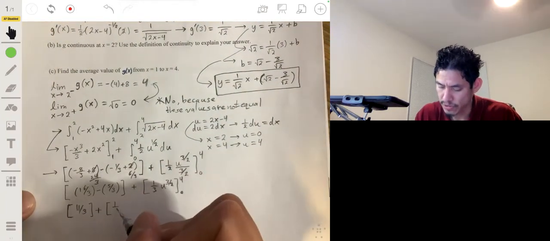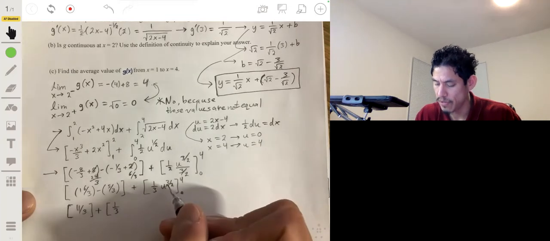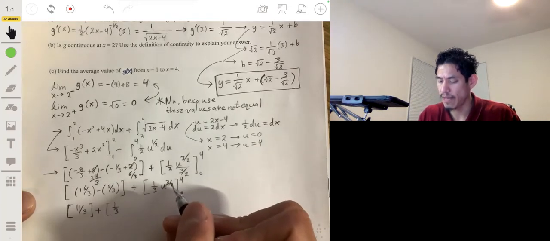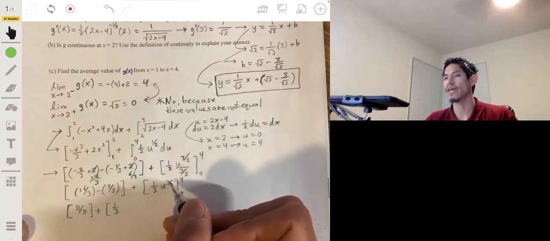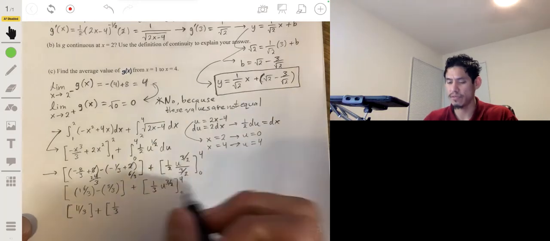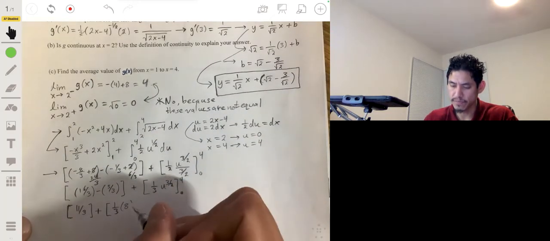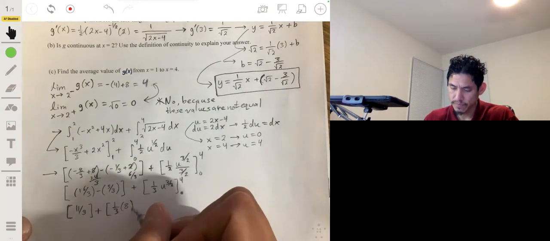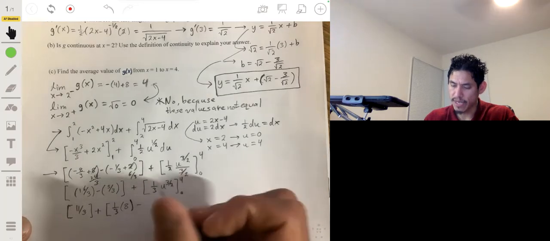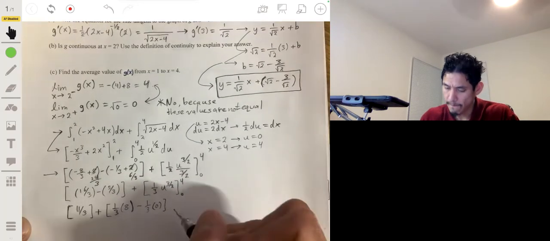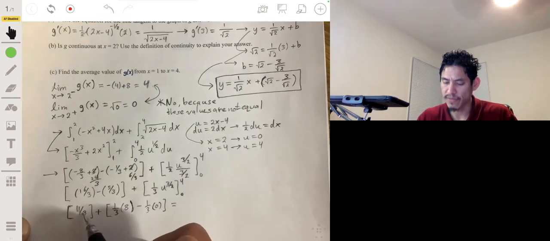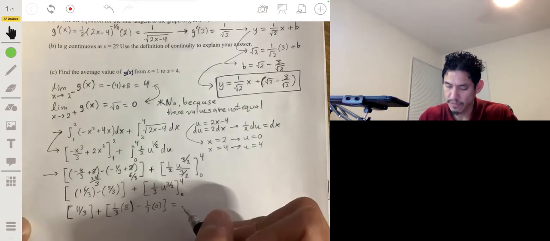So 4 to the 3/2 is essentially 4 times the square root of 4, which is 4 times 2, so 1/3 times 8. The 0 doesn't matter because it's just 0. And so we have 11/3 plus 8/3.